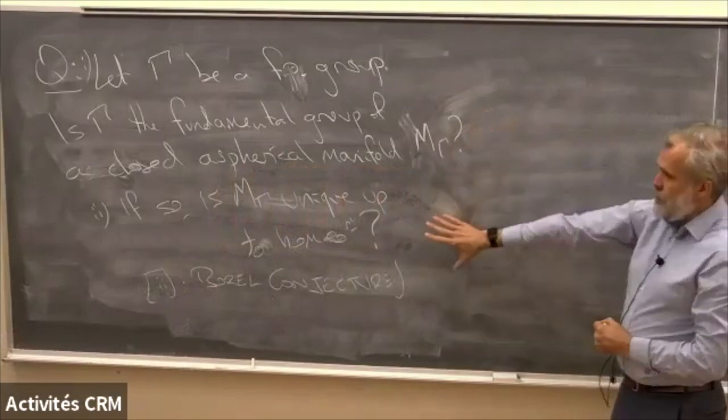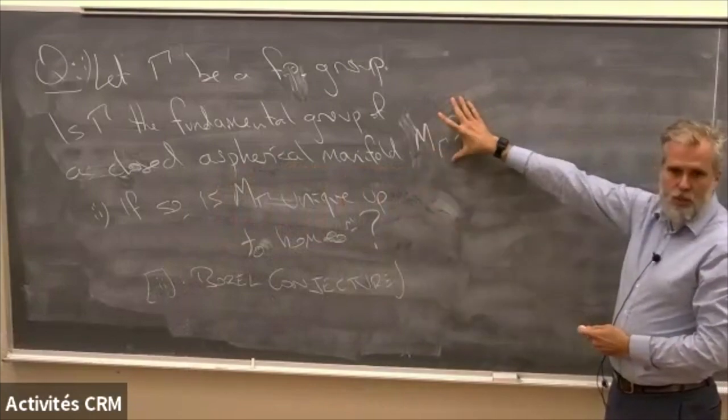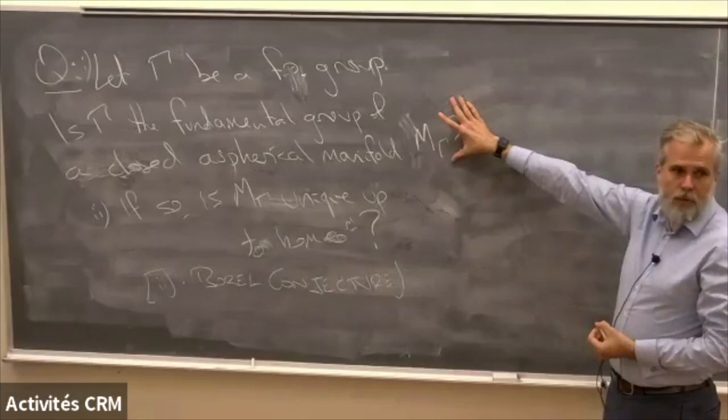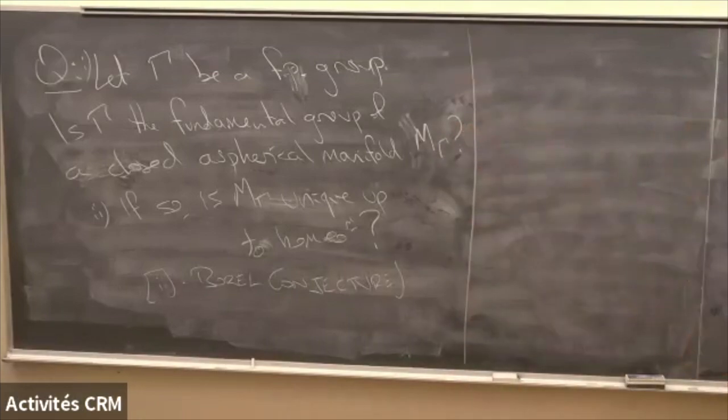Okay, so that's a uniqueness question. This is the existence question. The answer is not always. But it still has some very interesting aspects to it. We'll eventually be focusing on the case where the manifold has dimension 3, because we're here this week to talk about 3 manifold groups.